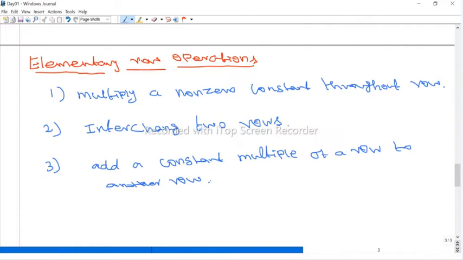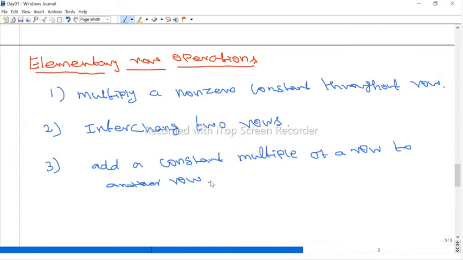So there are three kinds of operation. The first is to multiply a non-zero constant throughout the row. Then we can interchange two rows. And if you multiply one row by some constant, you add it to some other row. That is another kind.